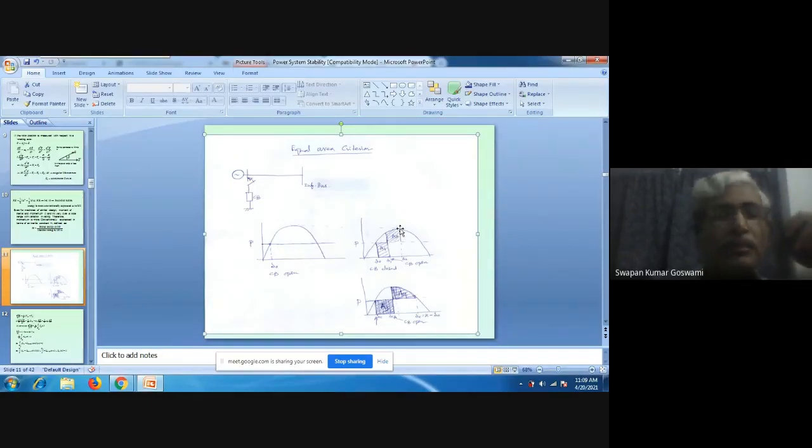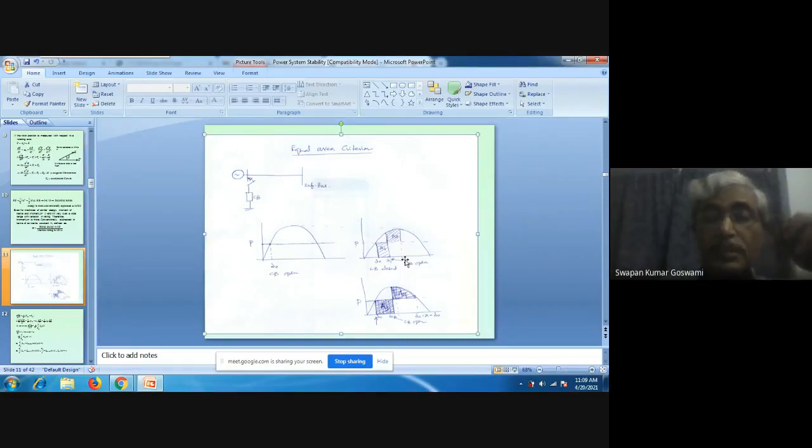So what will be the kinetic energy at synchronous speed? Again the rated kinetic energy. Here the kinetic energy is equal to the rated kinetic energy, and here also. In between, from delta 0 to delta 1, there was energy injection into the machine. From delta 1 to delta 2, there was energy extraction from the machine.